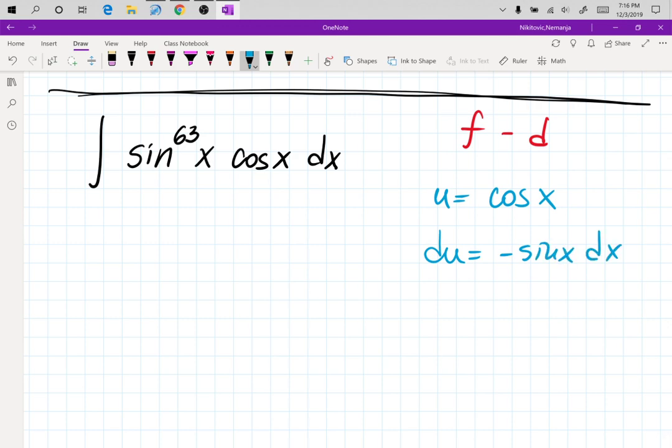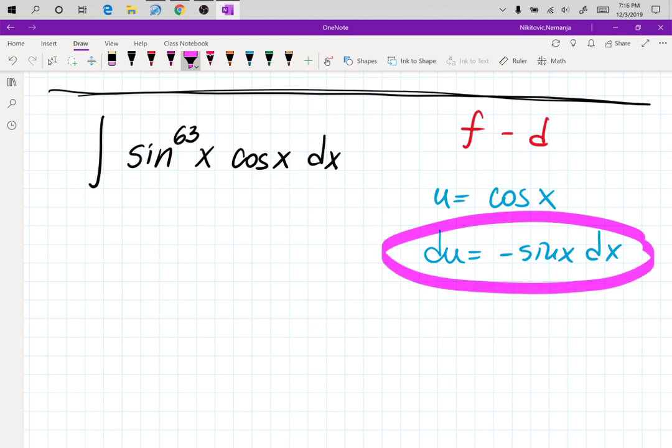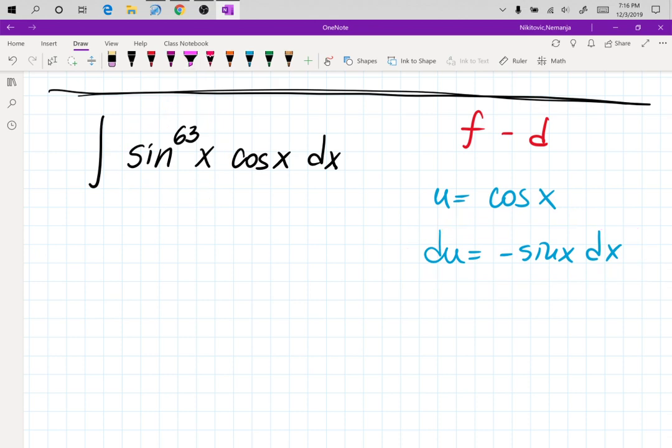So how many sines do I need for du? 1. I just need 1 sine for du. And how many do I have? I have 63 of them. So this problem, no bueno to solve this way. So we switch it immediately.